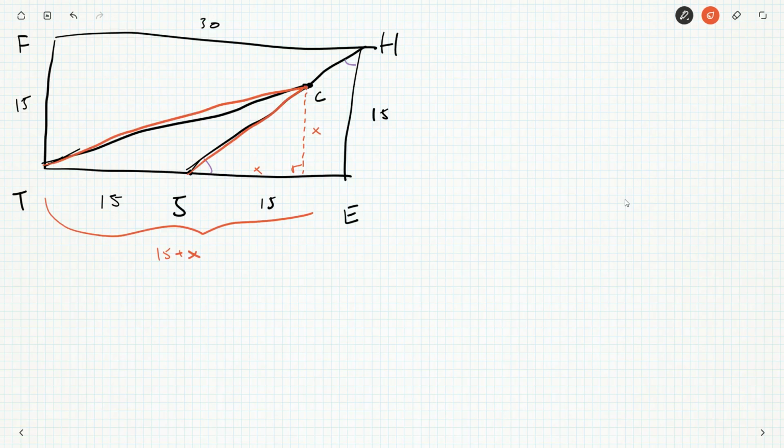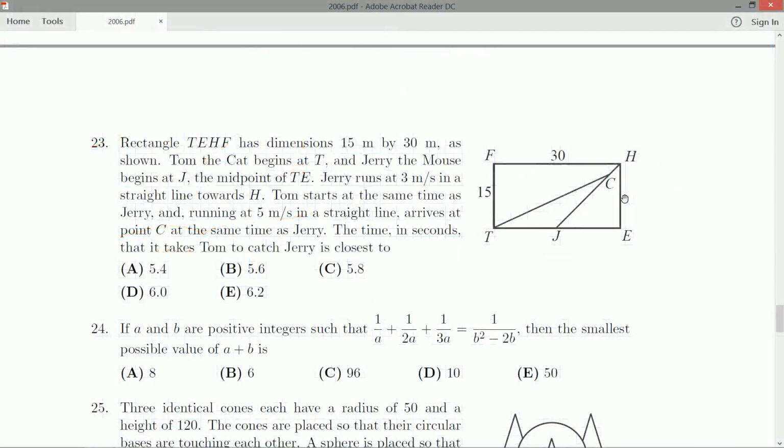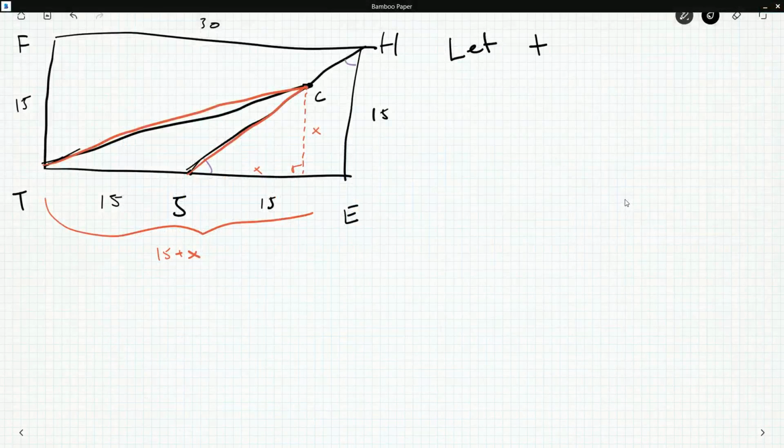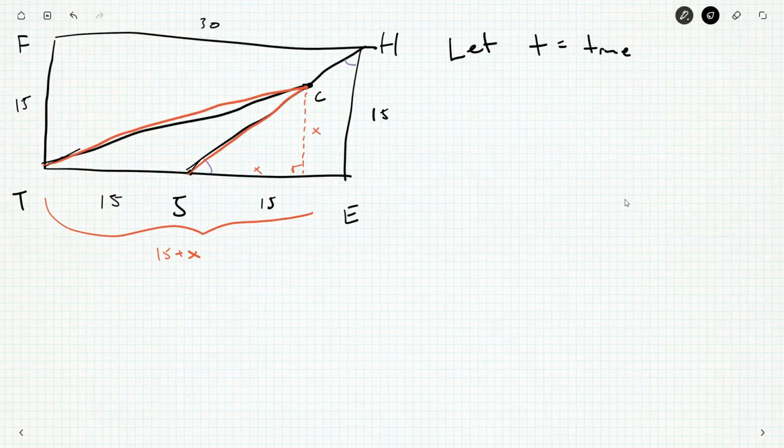Now, since they meet at the same time, let T, I think T is what we're trying to solve for, right? Let T be the time in seconds that we're looking for.